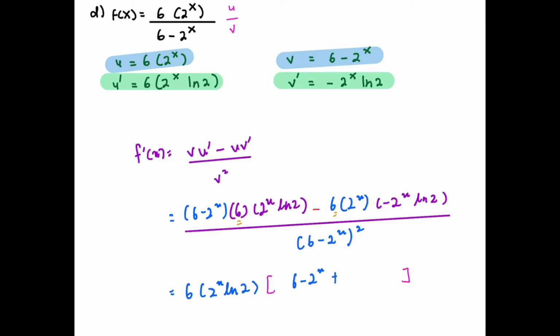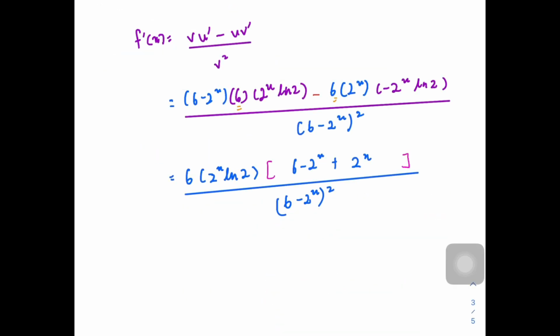And then let's divide this term here with the first term. 6 over 6 becomes 1, and this term over this term is also 1. And finally, you are just left with 2 to the power of x. So let's write back. And all of this is over 6 minus 2 to the power of x, to the power of 2.